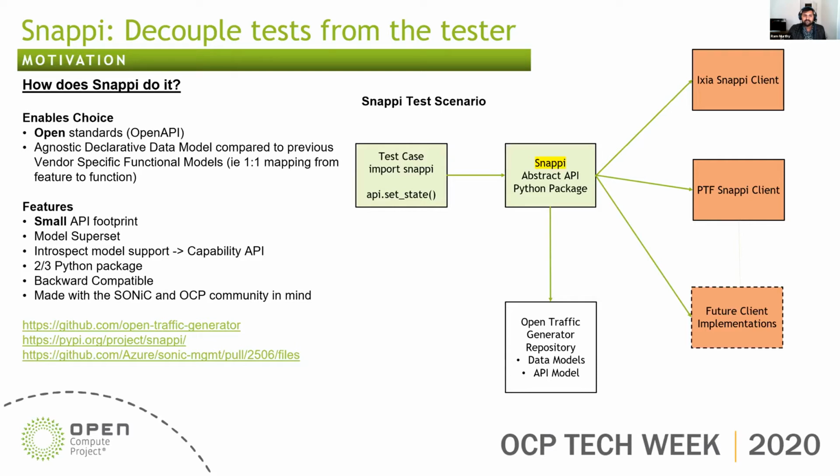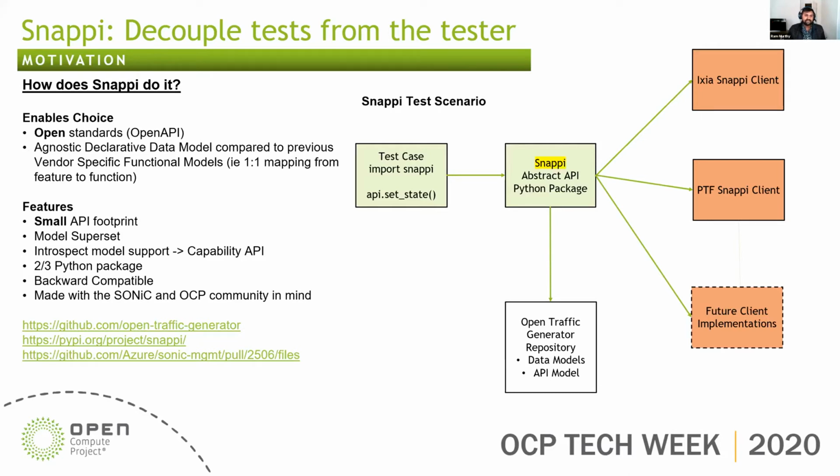So one of our contributions that we're trying to make within the community is to define and deliver this open source model for a traffic generator API. Again, we're trying to leverage some of the philosophies that have come from the open source community. Specifically, that means leveraging open API standards, as well as having a declarative model versus what we've previously done in the past with specific functional models. You can check it out on GitHub with the open traffic generator APIs, as well as a pip package that you can install.